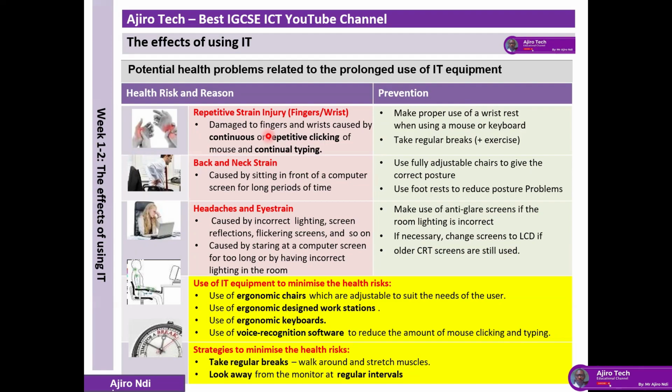So the repetitive use of what? The keyboard and mouse. It causes damage to your fingers and wrist, via the continuous or repetitive use of your keyboard and clicking of your mouse.